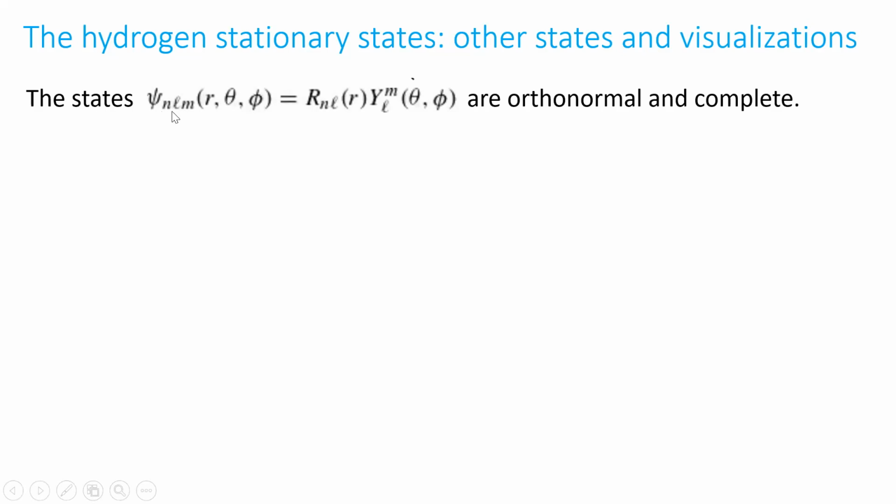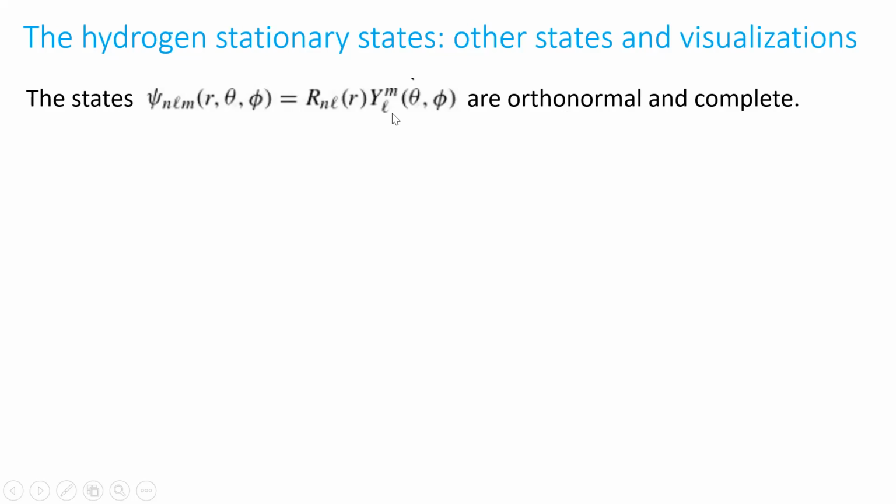Okay, well, first let's state that the stationary states psi n L m of the hydrogen atom are orthonormal. So only if n, L, and m are the same for two states will their overlap integral be 1. If any of n, L, and m are different, their overlap integral will be 0. So that means they're orthonormal.